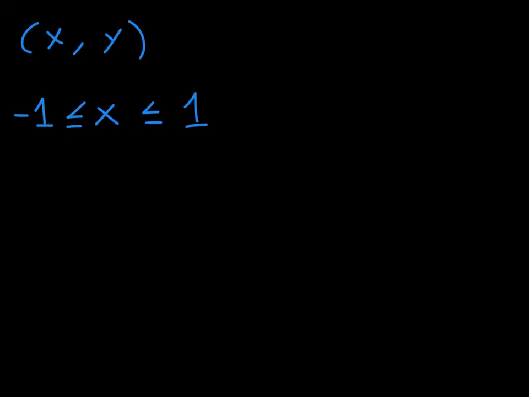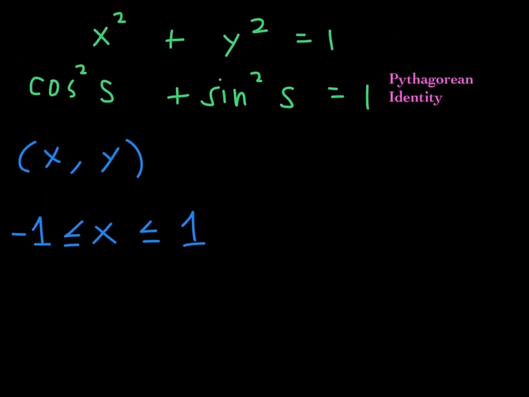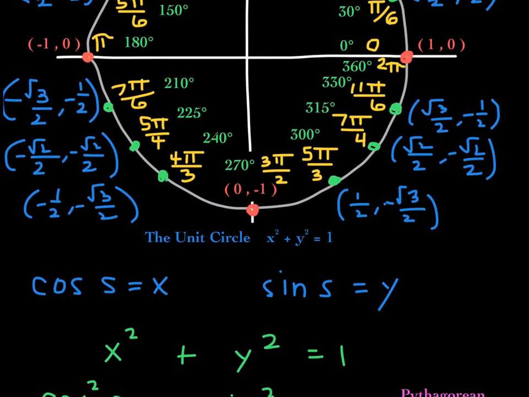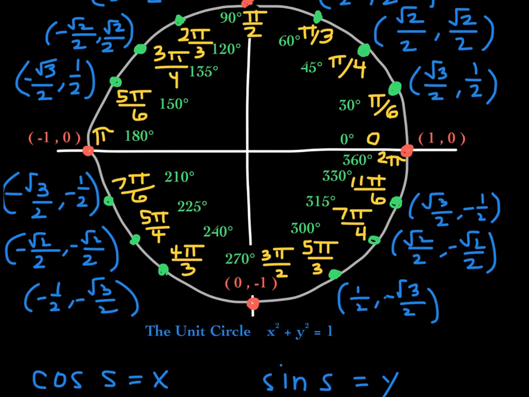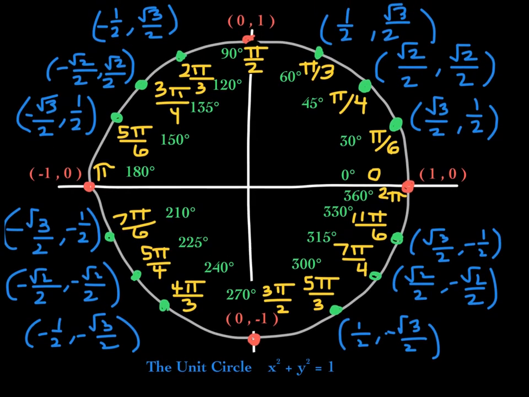If I go back up to the unit circle here and show you the unit circle, here it is. Please look at your x-axis. Your x-axis goes from -1 to +1, and that's why I'm saying the x values must be between -1 and +1.